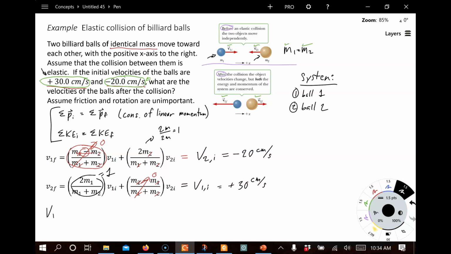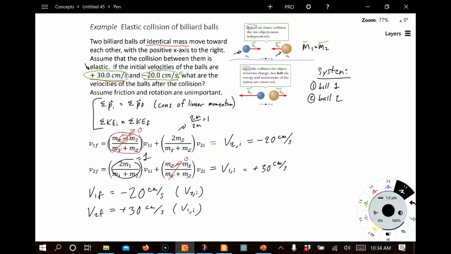So v1 final is equal to minus 20 centimeters per second, which was the initial velocity of v2. And v2 final is equal to a positive 30 centimeters per second, which was the initial velocity of ball 1.